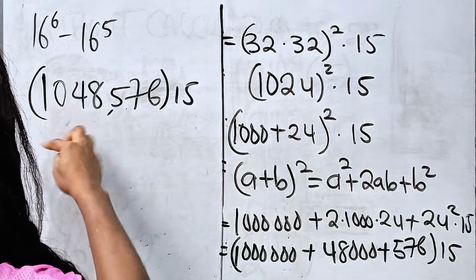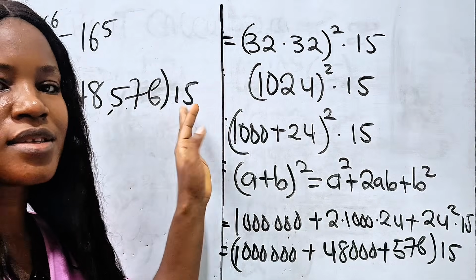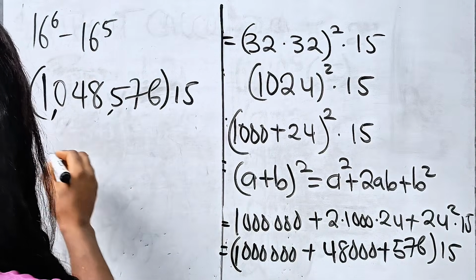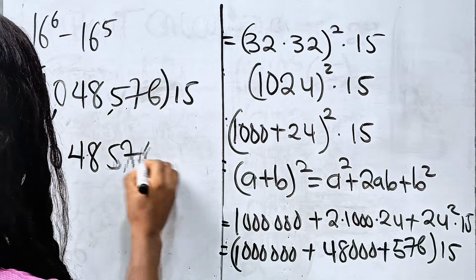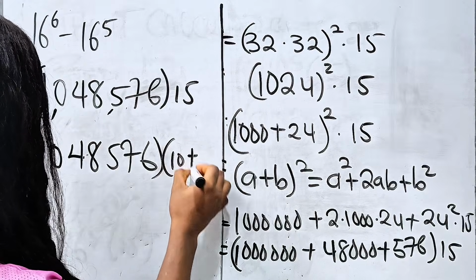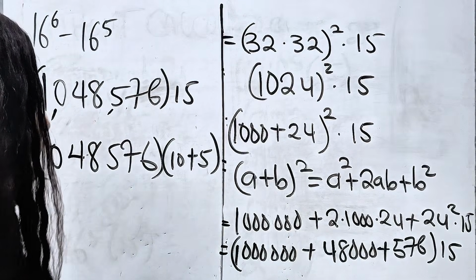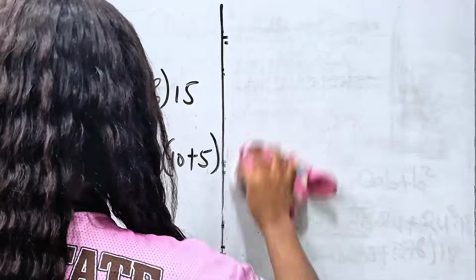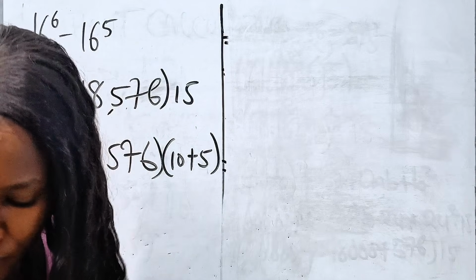Now note that we can still write 15 as 10 plus 5. So we'll write this as 1,048,576 multiplied by 10 plus 5. Remember, we don't have a calculator, so we keep making it as simple as possible.